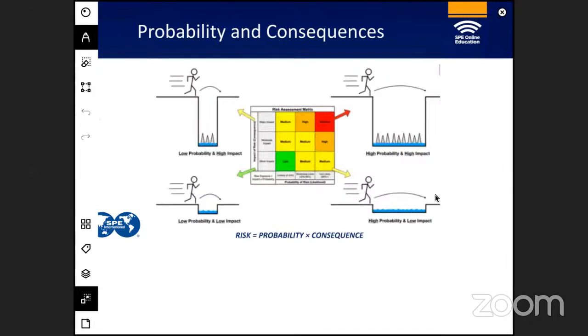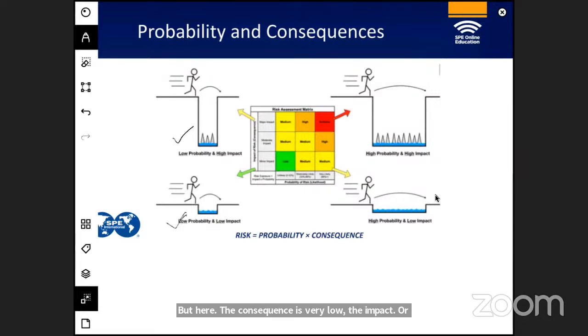This is a picture, just to explain the difference between the probability and the consequences. This picture is showing us that the consequence, if this person falls inside this hole, is very high. The damage is, he'll get severely impacted. But here, the consequence is very low. The impact or the damage which will happen to him if he falls in this hole is very little.